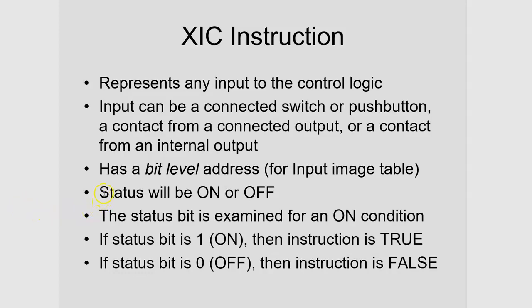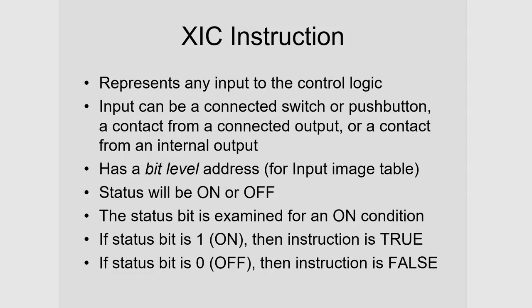So that bit level, they refer to that bit as a status bit in the input image table, and it just tells you the status of something being on or off, maybe a switch being open or closed. So you'll see that term status bit. Status bit is examined for an on condition. So this is actually what the examine if closed is looking for. Examine if closed.